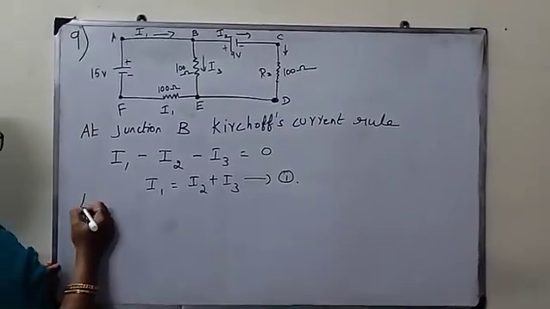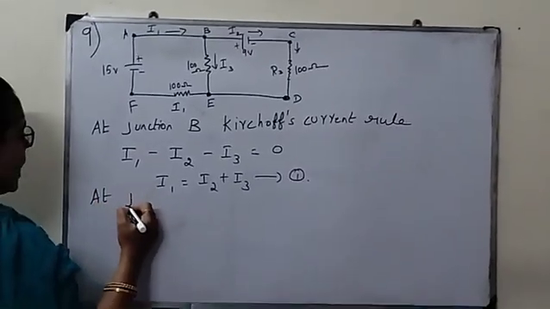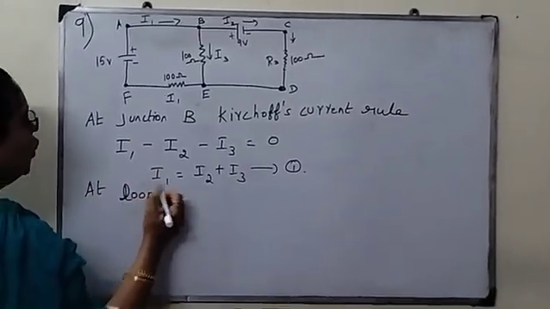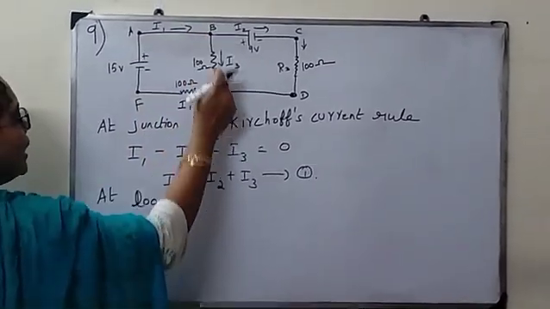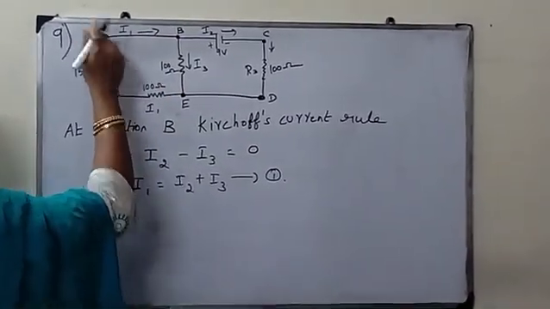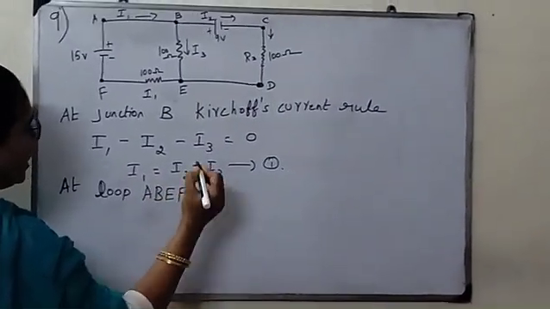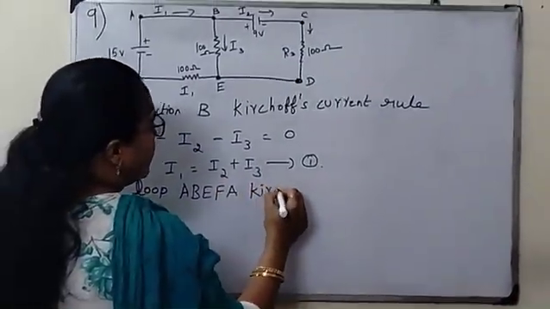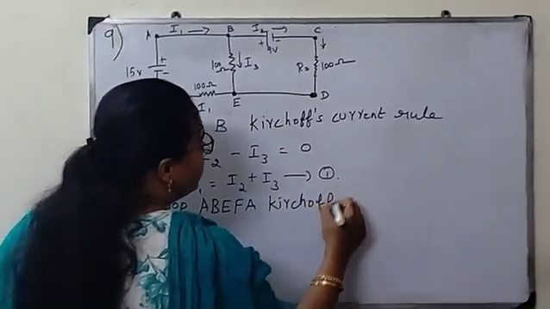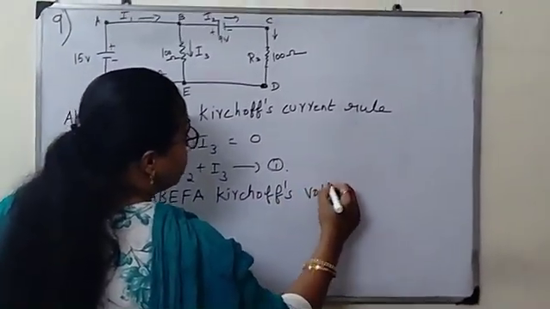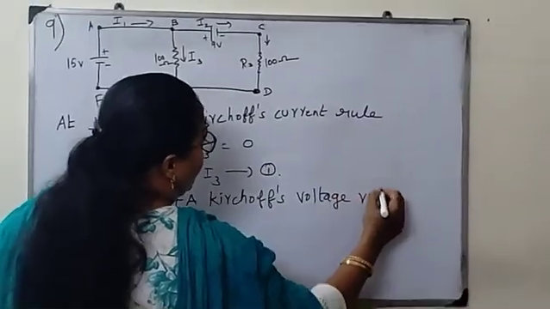Next, taking the loop A, B, E, F, A, we are applying Kirchhoff's second rule, that is the voltage rule.